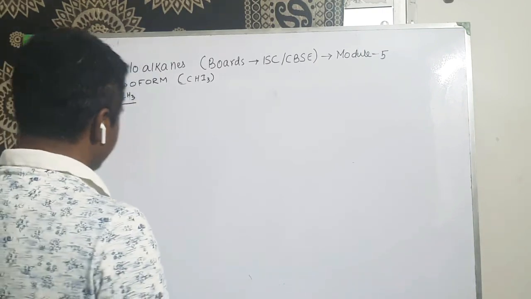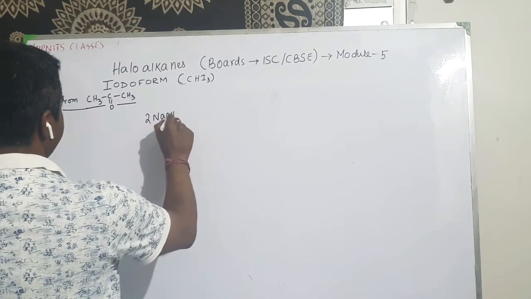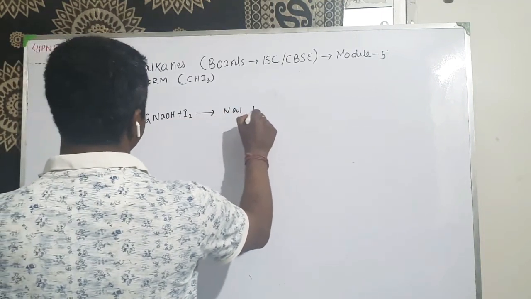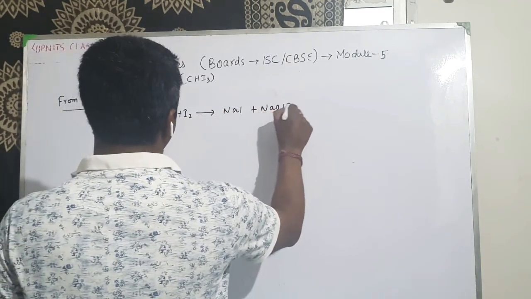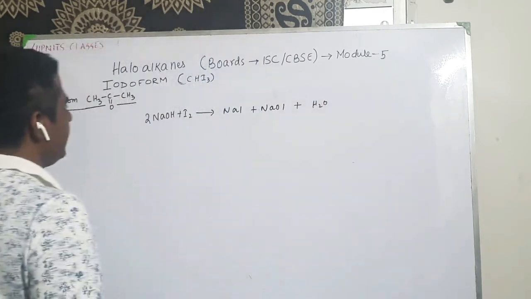ठीक है, अभी 2 NaOH, again same reaction, 2 NaOH plus I2 will give NaI plus NaOI plus H2. ठीक है, इसमें तो कोई चेंज नहीं होगा.